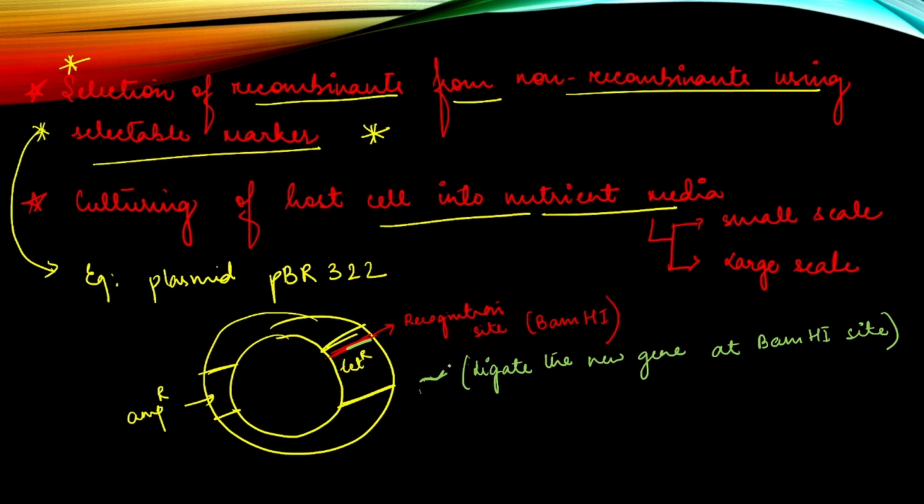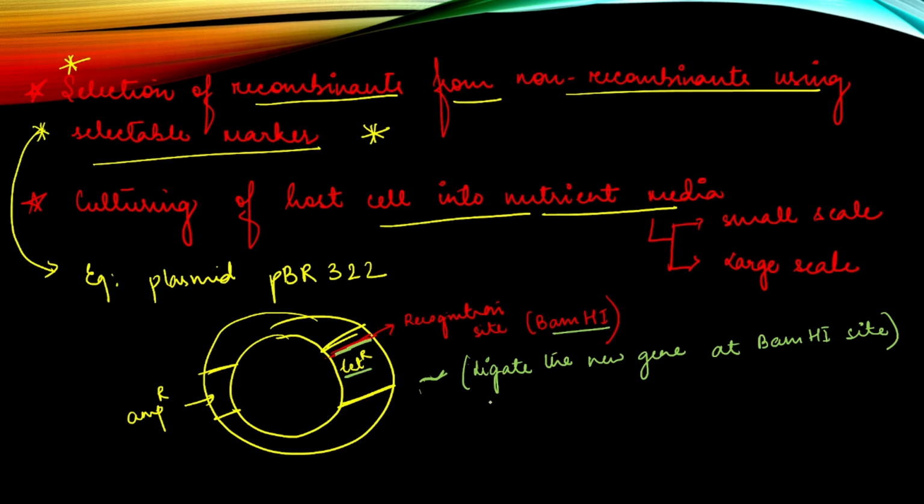Now what will happen when I insert this new gene into the BamHI site? This site gets disturbed, yes or no? As a result of the insertion, the entire TET-R gene is affected, because normally the TET-R gene, the gene which gives antibiotic resistance, had the BamHI site and functioned normally. But once I inserted the new gene here, the BamHI site got disturbed, and as a result TET-R got disturbed.